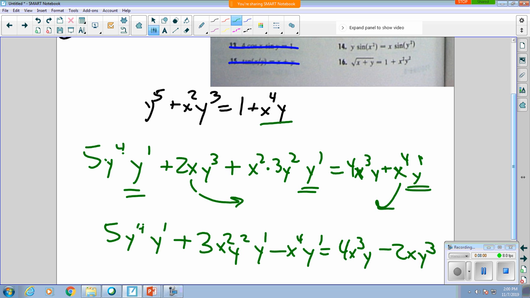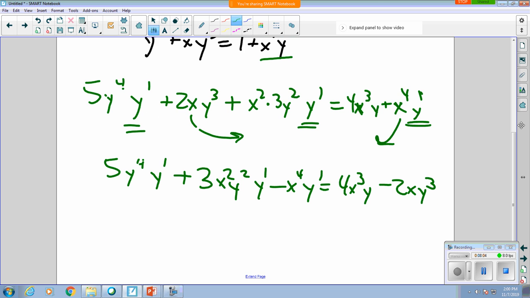I'm starting to think that there's going to be some stuff to factor in this one when we're done. Then we're going to get to an answer that requires factoring. Again, my favorite trick is to put the parentheses in, put the y prime outside, and cancel it out.